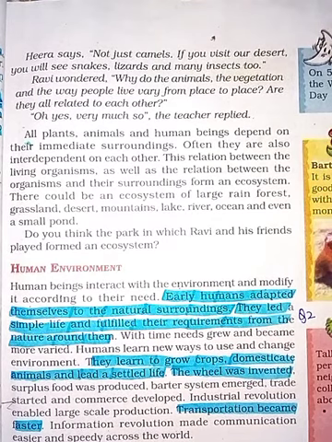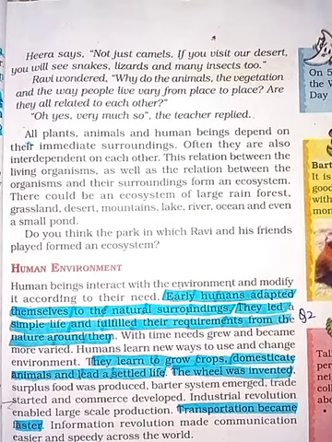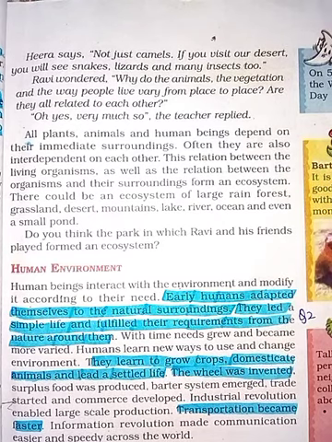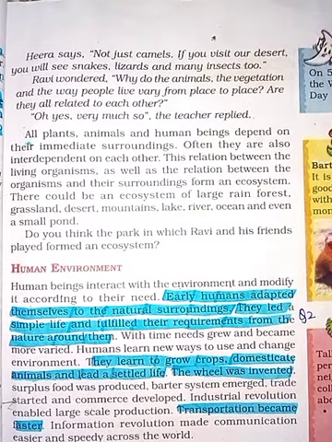If you visit our desert, you will see snakes, lizards, and many insects too." Ravi wondered, why do the animals, the vegetation, and the way people live vary from place to place? Are they all related to each other? "Oh yes, very much so," the teacher replied.